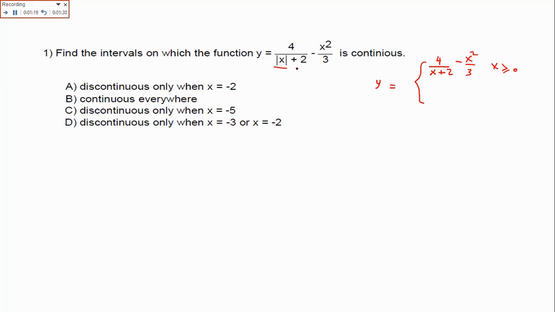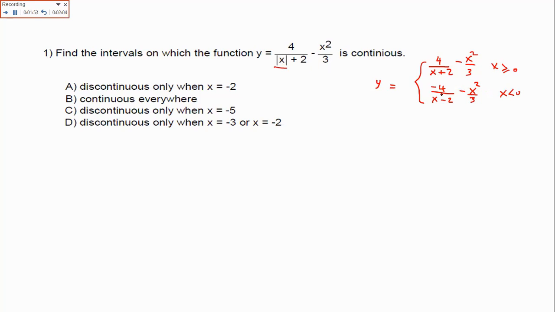And for the second, we take this value as negative x. So it will be 4 over negative x, and here, since x is negative, we're going to put a negative sign over there. And for that, we have to substitute here minus 2, and then minus x squared over 3 for x less than 0.